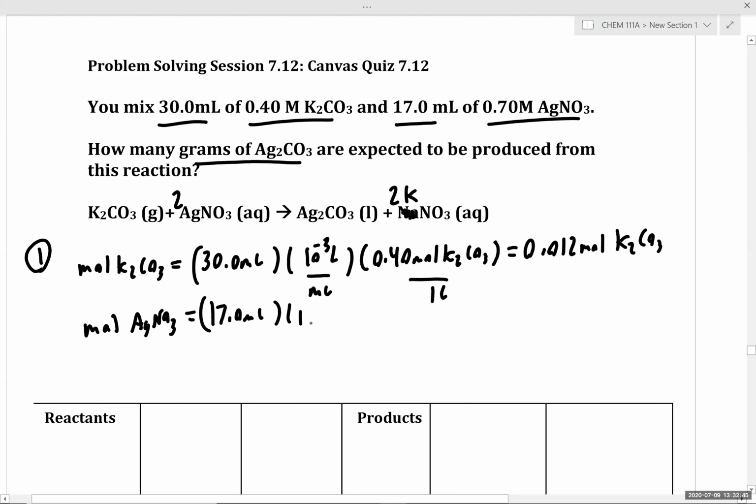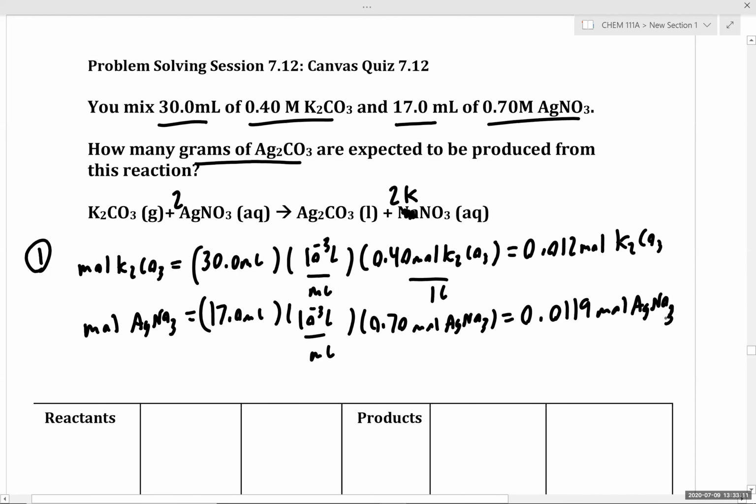For our moles of silver nitrate, we have 17.0 mils times 10 to the negative third liter per mil times 0.70 moles of silver nitrate. So we have 17 times 0.7 over 1,000, and that gives us 0.0119 moles of silver nitrate.